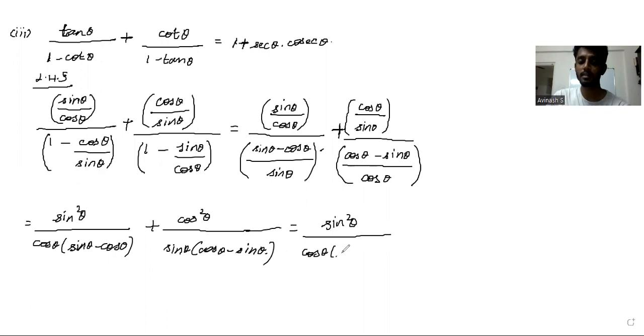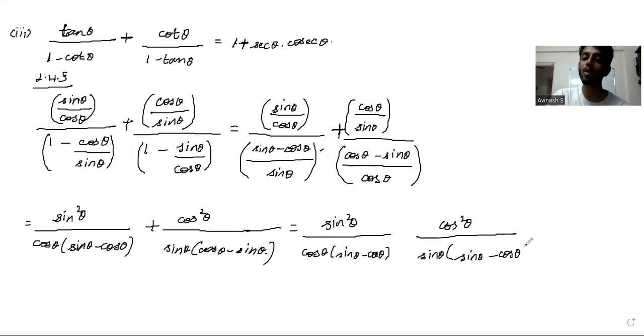I'm not changing the first term, but with respect to the second term, you have cos square theta divided by sin theta into, I'm converting this cos theta minus sin theta into sin theta minus cos theta. This is the only change that I'm making to the previous step. As you can see here, I have changed cos theta minus sin theta into sin theta minus cos theta.